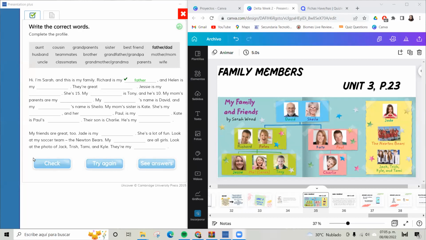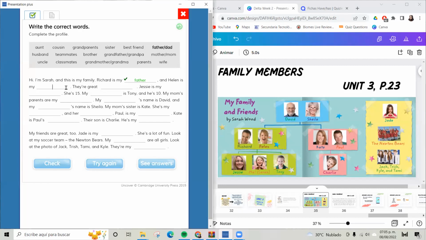So what you and I are going to do is complete this paragraph, and we're going to fill these spaces, all of the spaces that I have, with the words that I have here at the top.